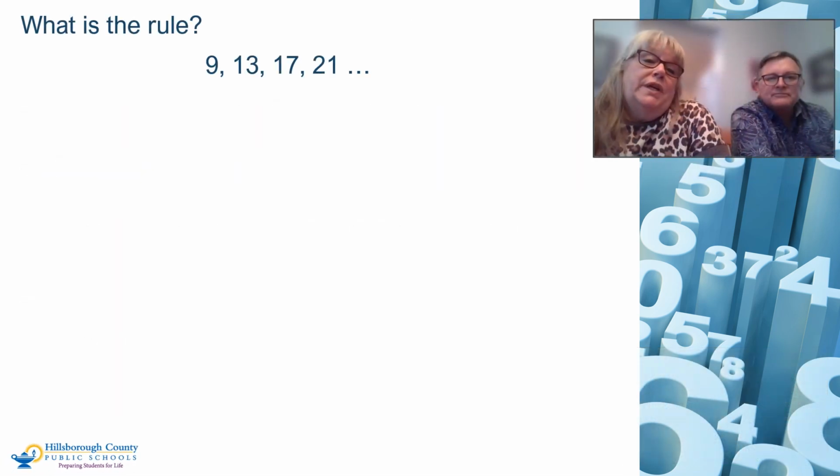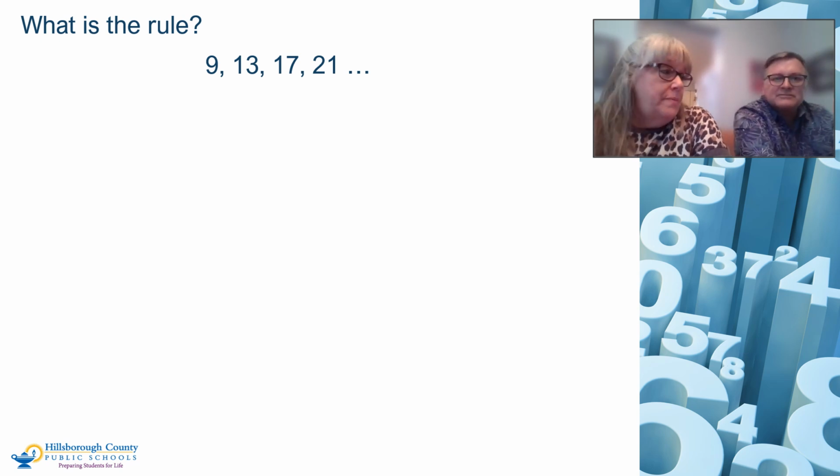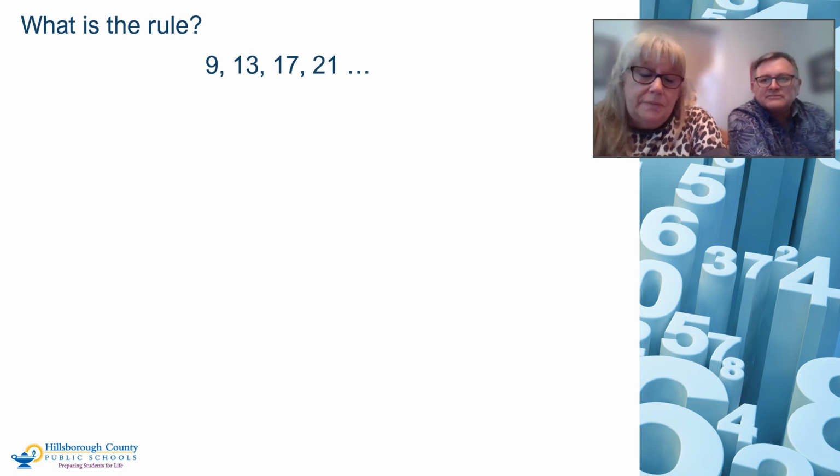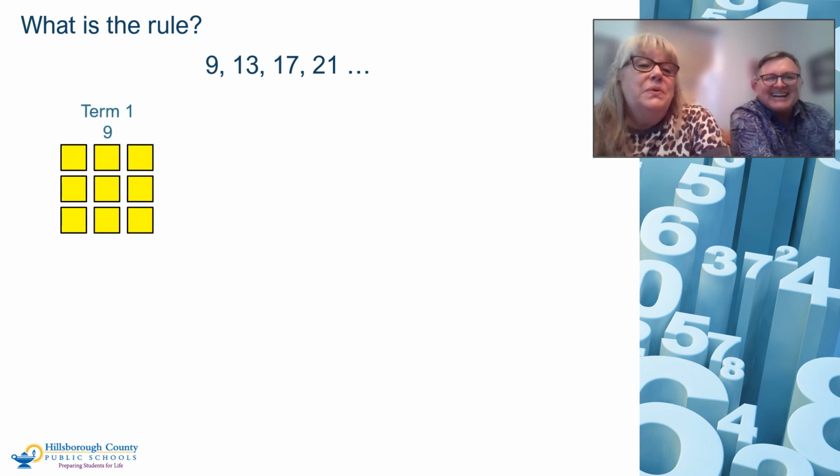So this is what you were given, and as the first task in your initial task slide, I gave you 4 terms in a pattern and asked you to come up with a rule. Anyway, we're going to model this concretely using tiles.